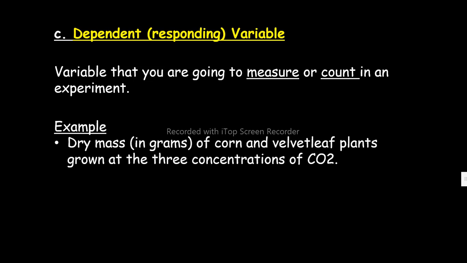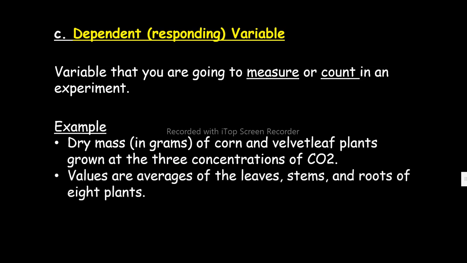And in this case, the productivity is going to be measured as the dry mass of the corn and the velvet plants grown at 3 different carbon dioxide concentrations. And with dry mass, we mean the average mass for leaves, stem, and roots.